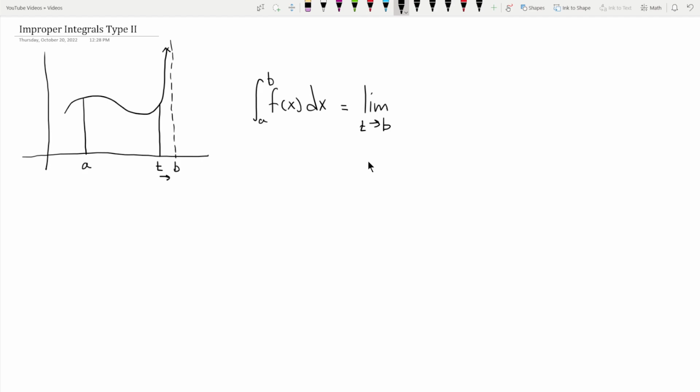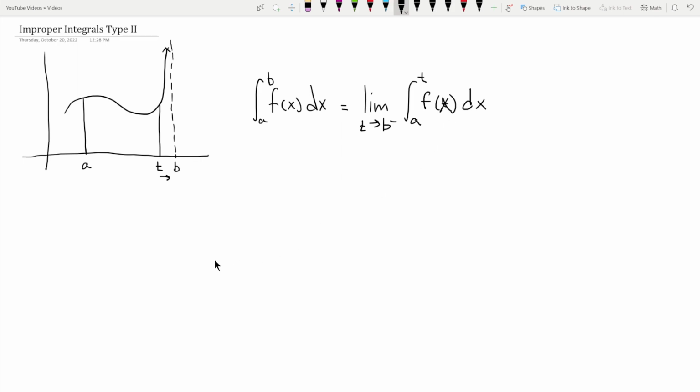Because my right-hand endpoint is the asymptote, t is approaching b from the left, and there are times when that might make a difference. And then I'm going to do the antiderivative from a to t of f of x dx.